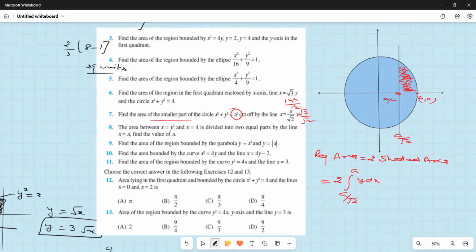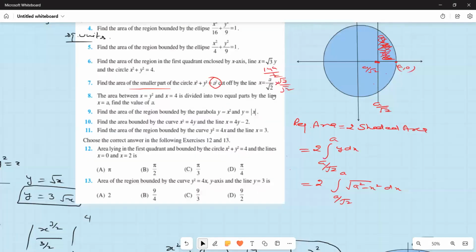This is a by root 2 to a. So that is twice integral a by root 2 to a, y is square root of a square minus x square dx. So let us solve it.